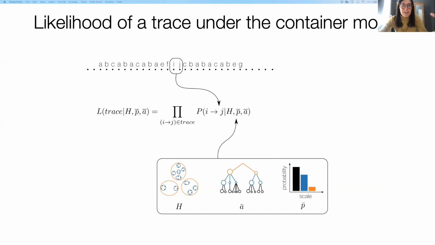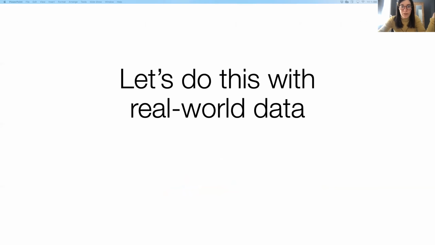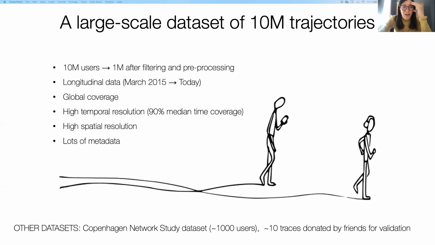So we can see that we can do this with the generated traces, so with the synthetic traces. And now, of course, once we have the system, it's very clear that we can do this also with real world traces. So this is what we did. We have a model for finding a hierarchical structure of containers, and let's just do it with real world data. So we took an incredible data set that collects the trajectories of 10 million individuals.